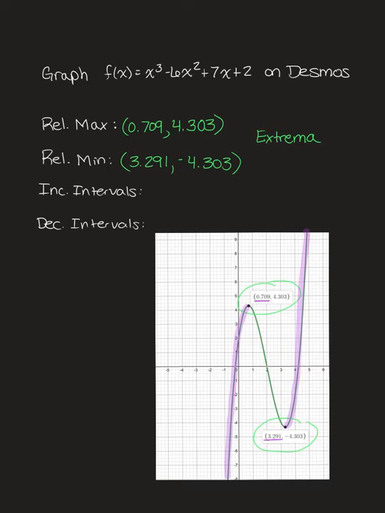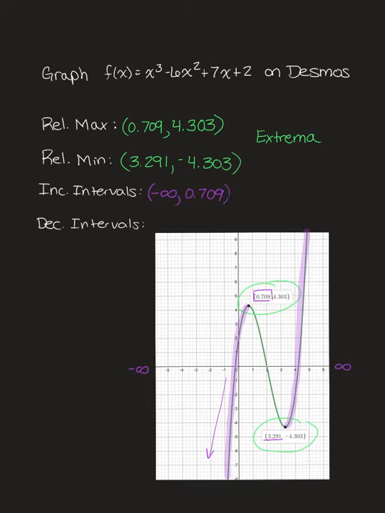But in this case, this graph is going downwards forever. And if you remember, whenever we talked about domain and range, if it keeps going, it goes both in the vertical direction and horizontal direction. So this function is actually increasing. Over here is negative infinity, and over here is positive infinity. So it's increasing from negative infinity all the way to this x coordinate, 0.709, okay?